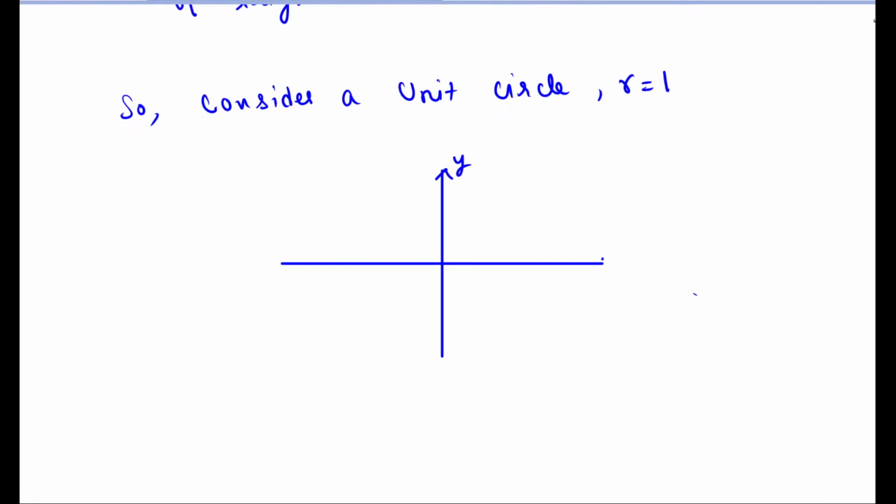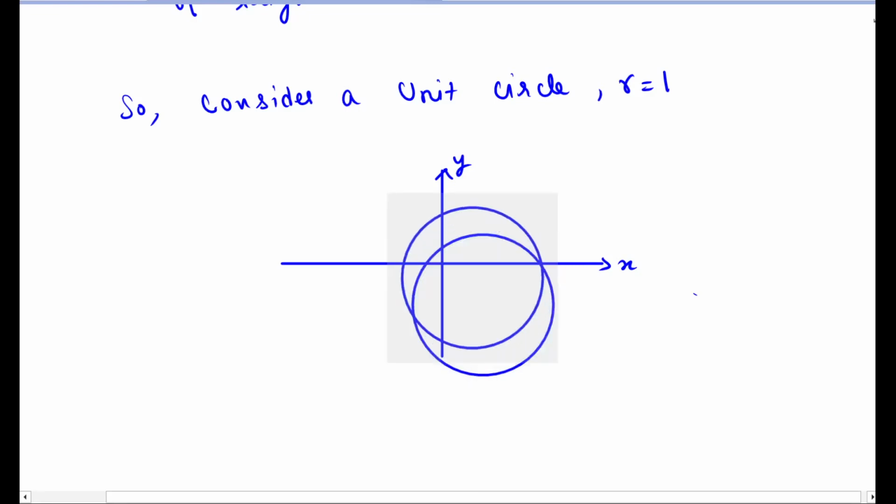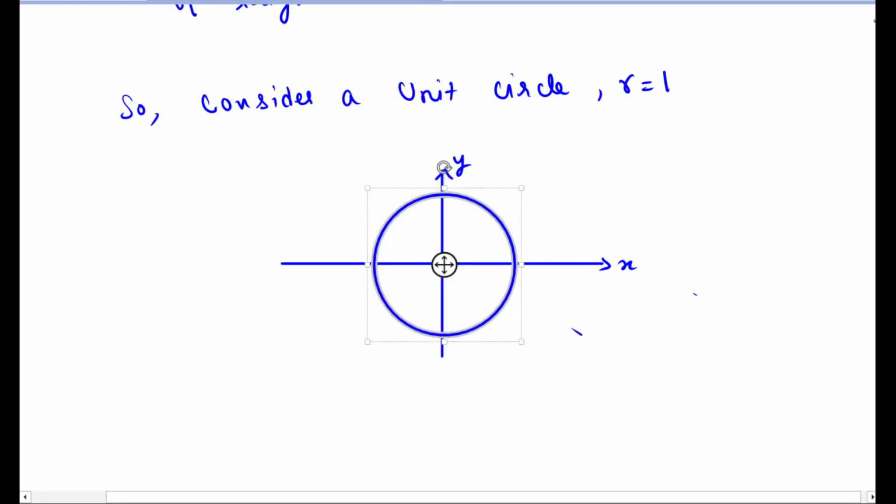This is the y-axis and this is the x-axis. So we draw a circle. This is a circle of radius 1.